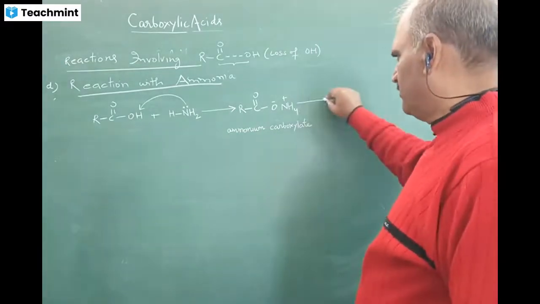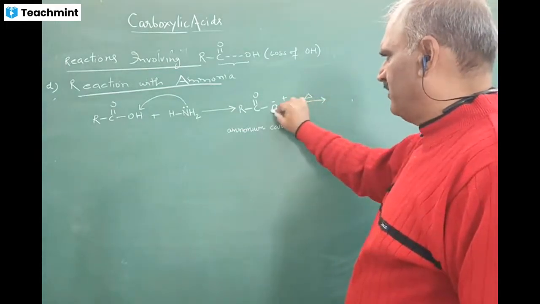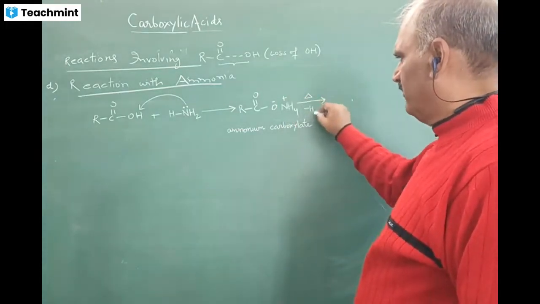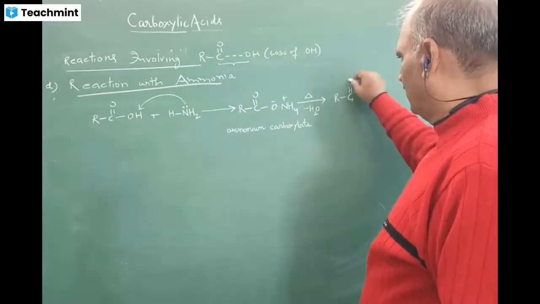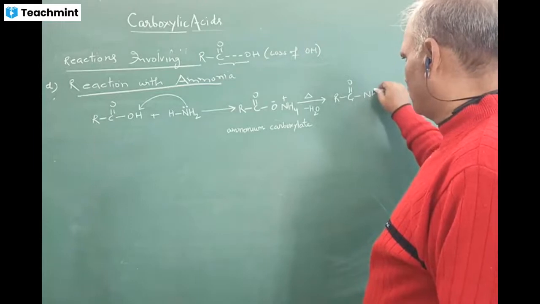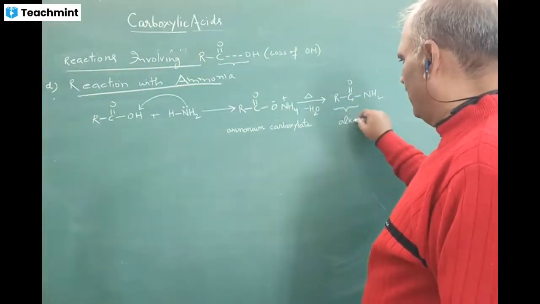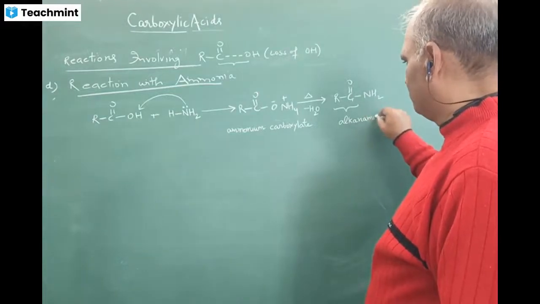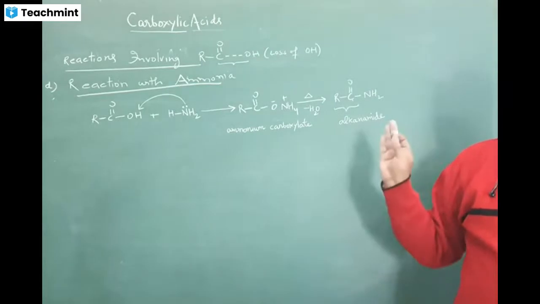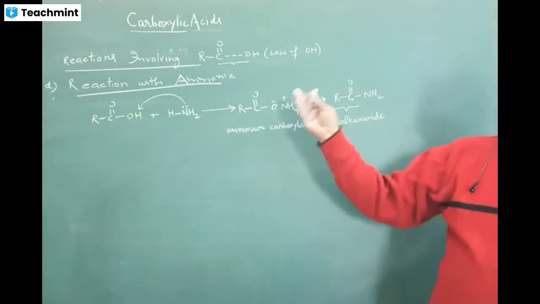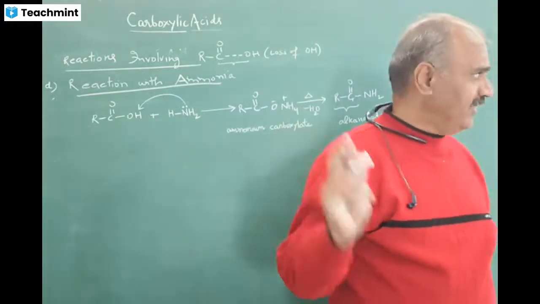But when it is heated strongly, what happens? 2 H atoms and 1 O atom are given out in the form of H2O, and the remaining thing is RCONH2, that is acid amide, alkanamide. Okay, it is a derivative of carboxylic acid. So alkanamide can be prepared by ammonolysis of carboxylic acid.